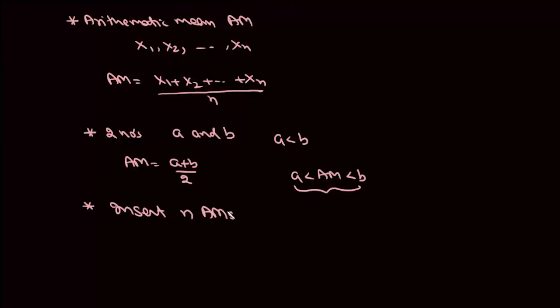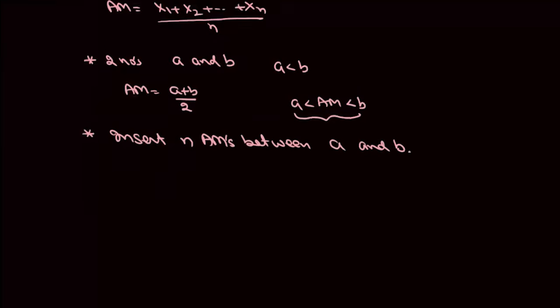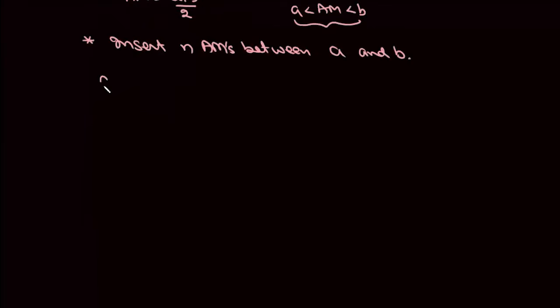So you'll find questions where they'll say you have to insert n AMs between two numbers a and b. So we have two numbers and we have to insert n arithmetic means. Say the arithmetic means are given by a1, a2, a3, up to an, and this is b.